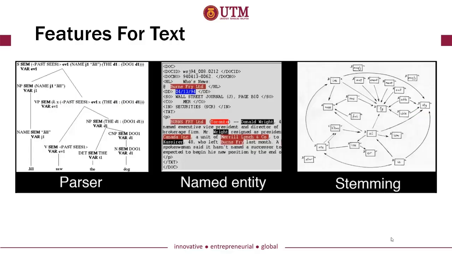And if you talk about text mining, examples of feature extraction are the parser, named entity recognition, and stemming. As you can see, different fields have their own different feature extraction approaches to fit into your classification module or learning algorithms.